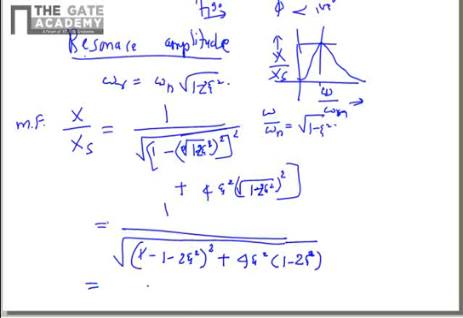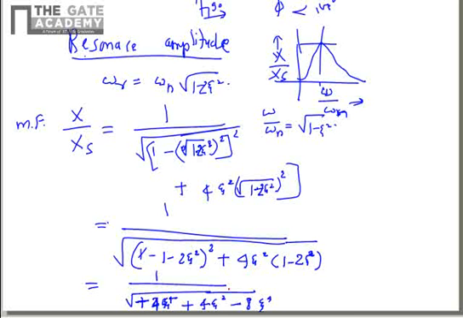In this expression, 1 and 1 will get cancelled out, and you will get 1 by square root of 1 minus 2g minus 4g to the power 4 plus 4g square minus 8g to the power 4. Sorry, it will be plus 4g to the power 4 because square is there here.